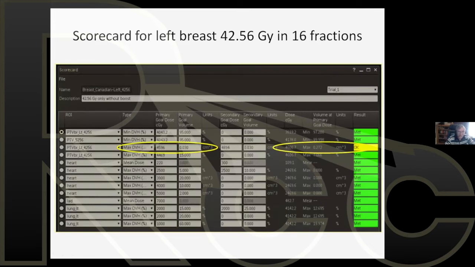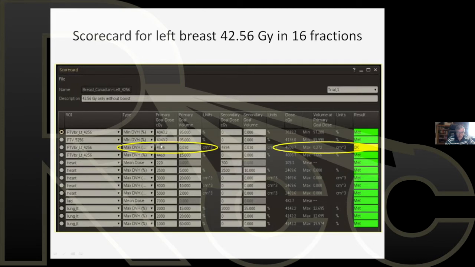Looking at an interesting statistic, we said that we wanted 0.03 cc's to be less than 45.96 gray. That was the 8%.